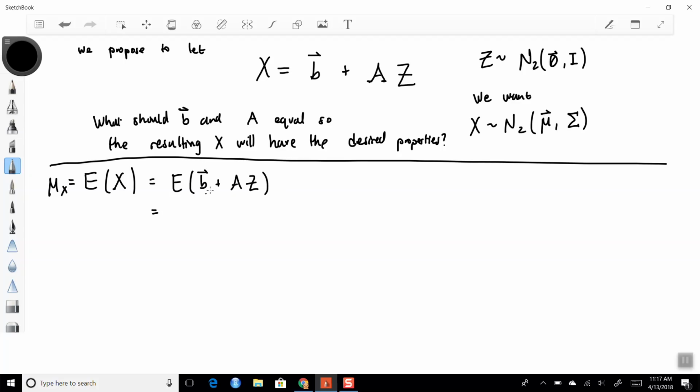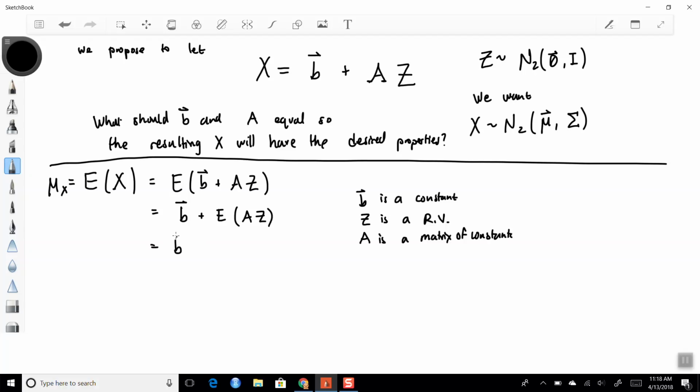B is a vector, a constant, so we can pull that one directly out. So we'll have b plus the expected value of A times z. Z is a random variable, so we have to find the expectation of that. A is a matrix, but also a constant, a matrix of constants.